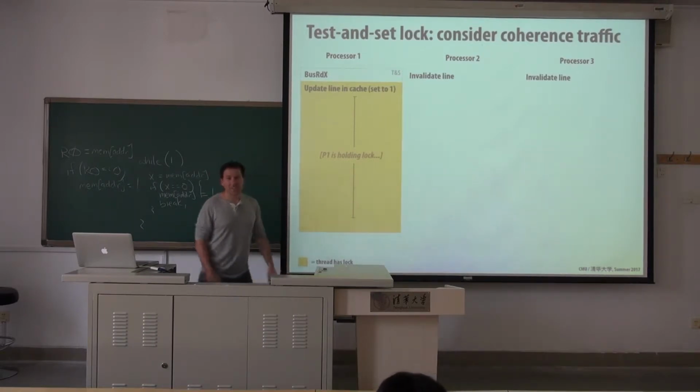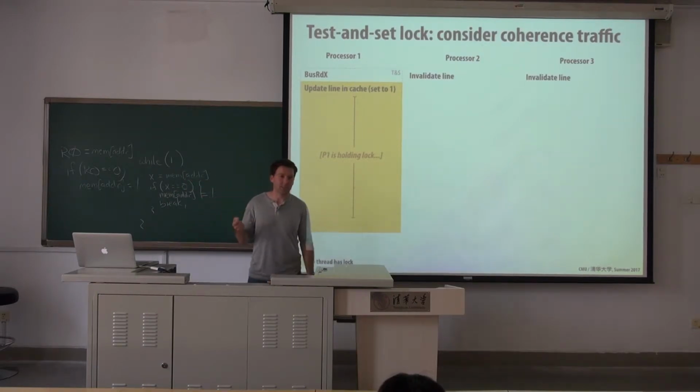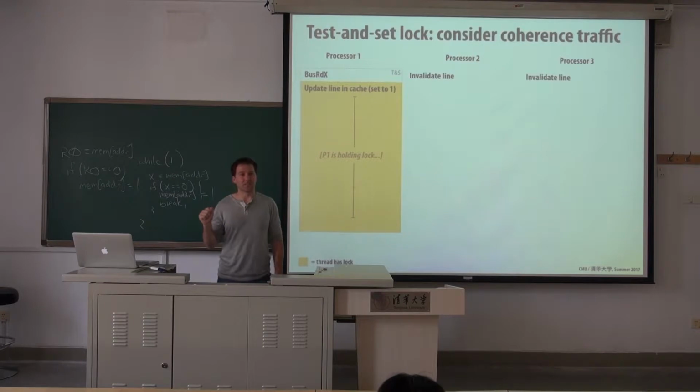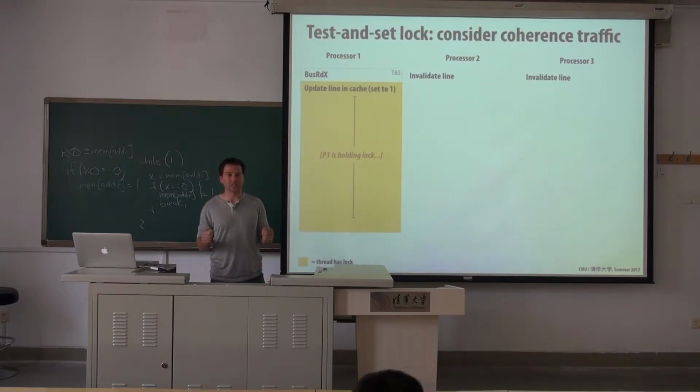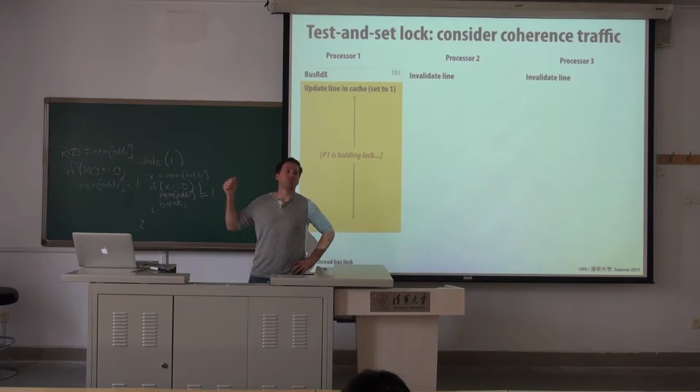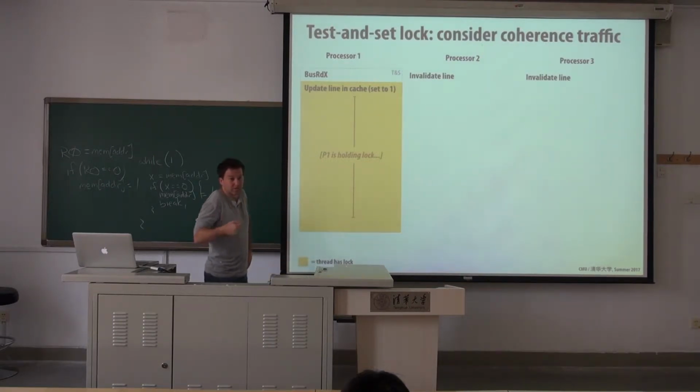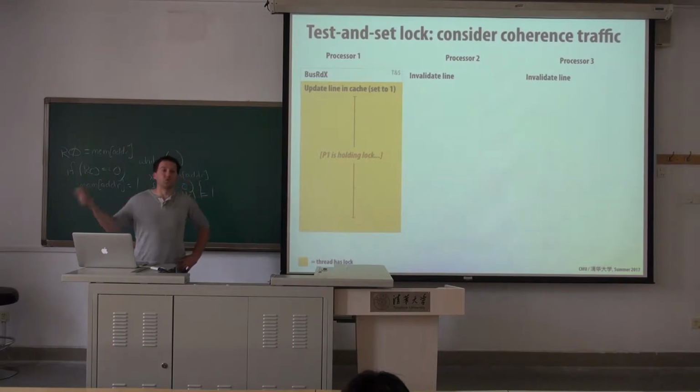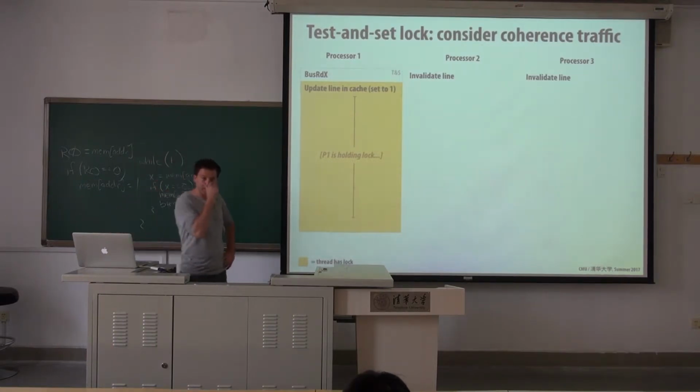And so let's assume that the test and set is a write. If we're thinking about this in terms of cache coherence, test and set is always a write. Regardless of whether or not it actually writes the value, the coherence protocol will treat test and set as a write instruction. Because we don't know if it's going to fail or succeed, so we'll just assume that it succeeds and we'll treat it as a write.